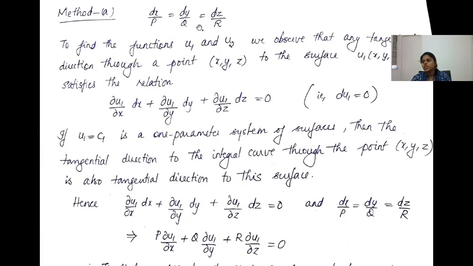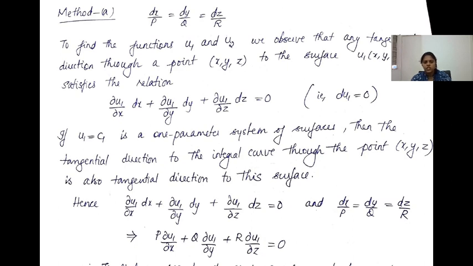The integral curves are the solution of this equation, which you will obtain in the form u1 equal to c1 and u2 equal to c2. When you take a function u1 equal to c1, the vector dou u1 by dou x, dou u1 by dou y, dou u1 by dou z denotes the gradient of that function u1.